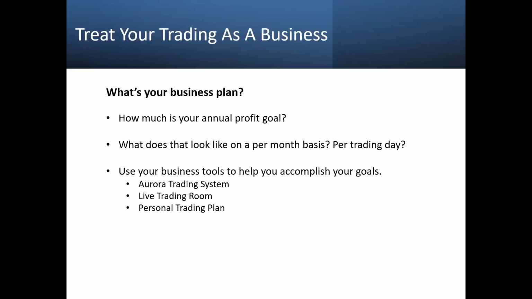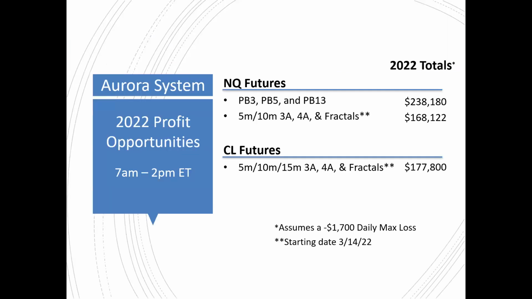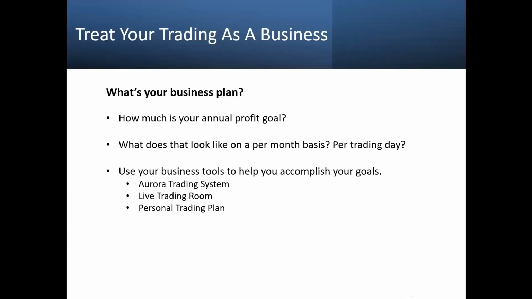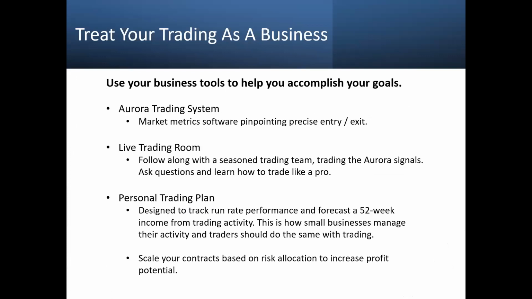If your goal was to make $120,000 per year and you followed the PB system from 7 a.m. to 2 p.m., you ended up having 238,000. So you would have exceeded your goal. You have the live trading room to also help reinforce signals, entries, exits, and management. And then your personal trading plan allows you to actually take things a step further.